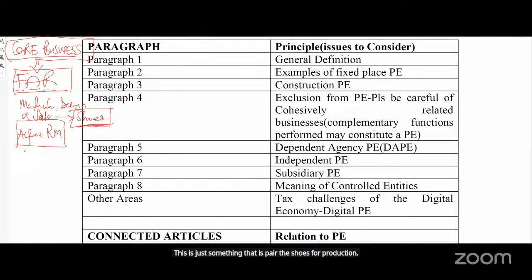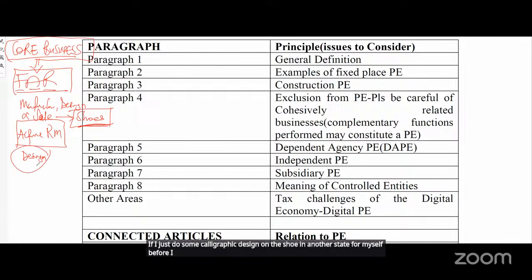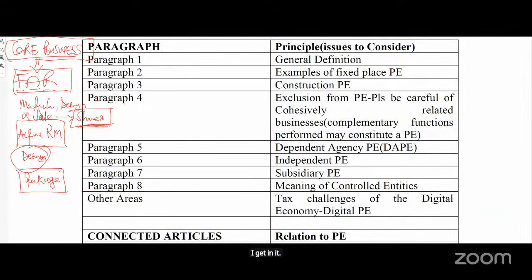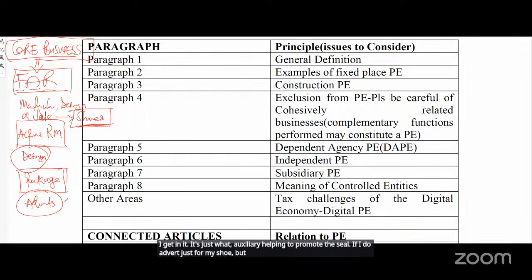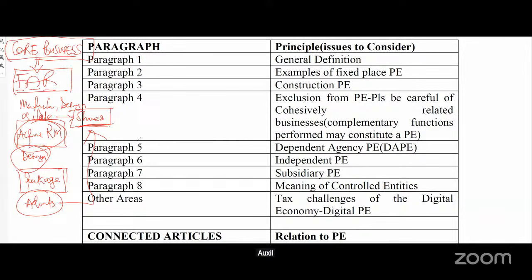If I just do some calligraphic design on the shoe in another state for myself before I sell the shoe, what is it? It's just to prepare. What if I just package the shoe to sell? It's just what? Auxiliary, helping to promote the sale. If I do adverts just for my shoe, but not sale, just to get buyers to buy, it is just auxiliary. So preparatory is before the production. Auxiliary is to help in the sale.